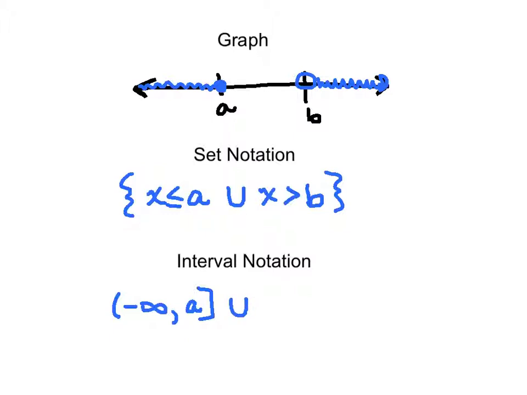Begin at B, don't include the B. So open-ended interval, parenthesis B, go all the way on out to positive infinity, and close off with the parenthesis because it's open-ended. Again, numbers that are less than or equal to A, or numbers that are greater than B in interval notation.